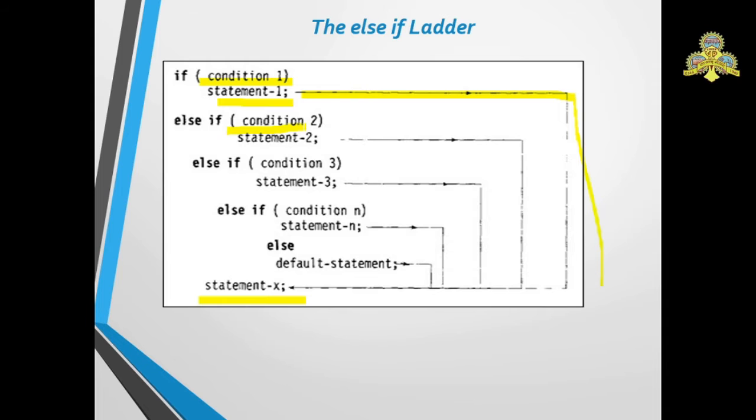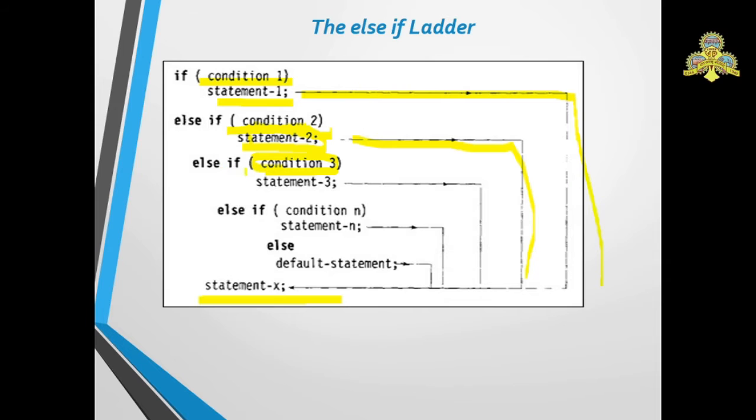Here we are testing one more if statement: whether condition 2 is true or false. If condition 2 becomes true, then its associated part, statement 2, will be executed and the control is transferred to statement X. Else, if condition 2 becomes false, then one more if statement is encountered.